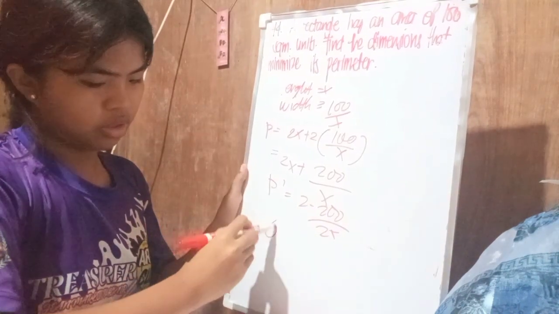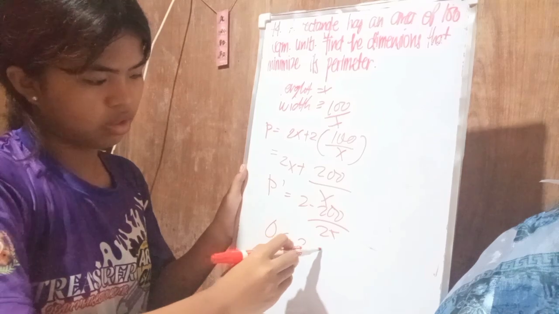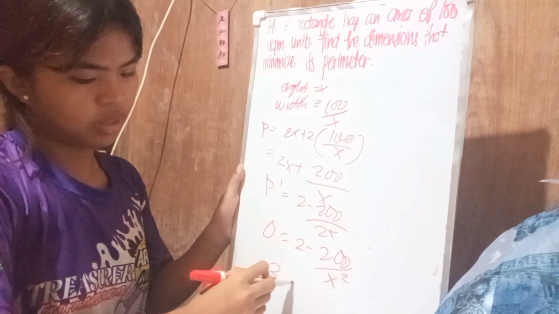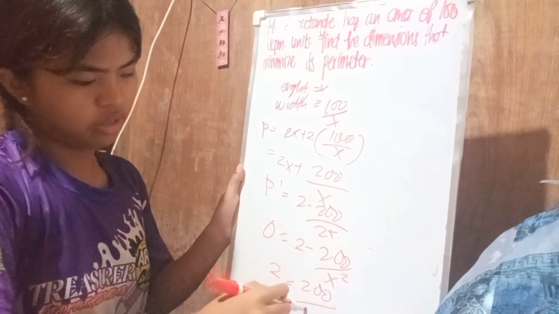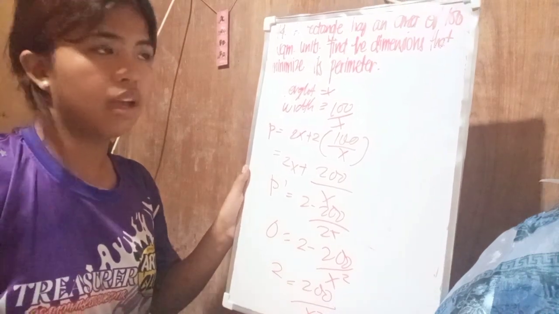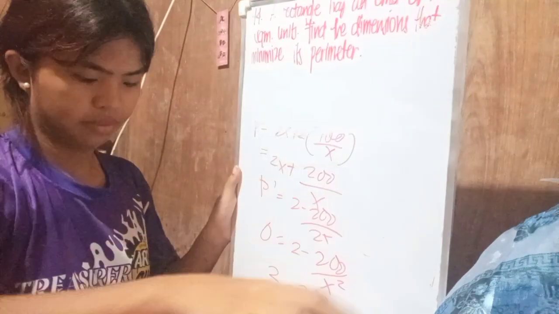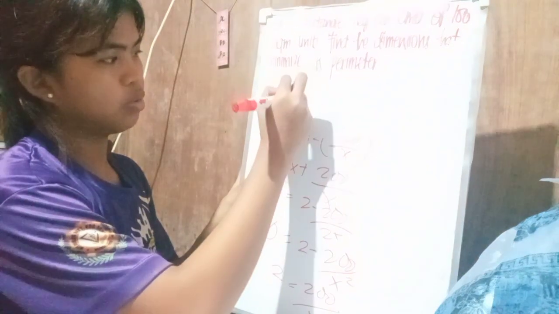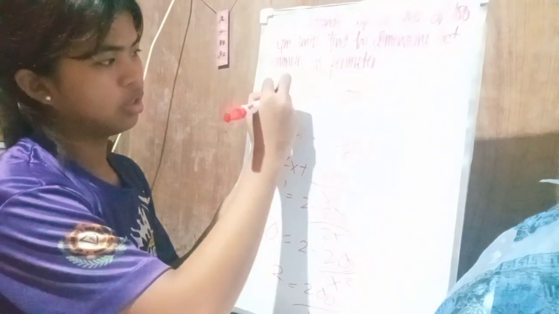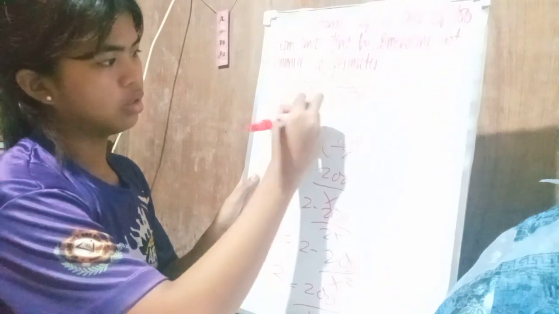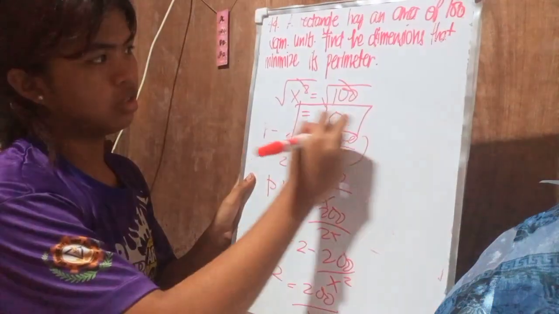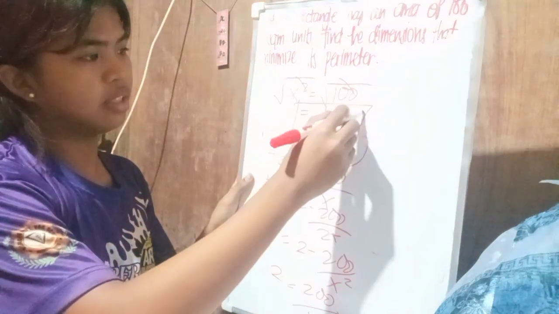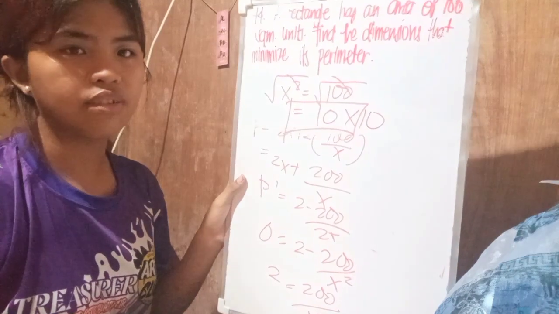Okay, so 0 equals 2 minus 200 over x squared. So, after that, x squared is equal to 100, the square root equals 10. So this is the dimension. So 10 times 10. This is the answer.